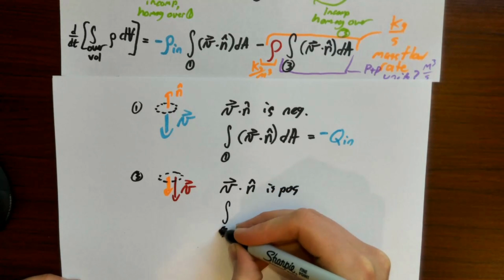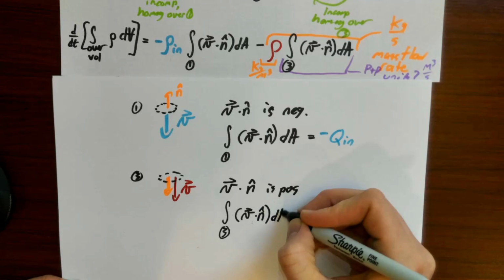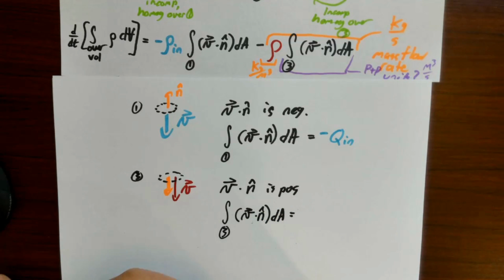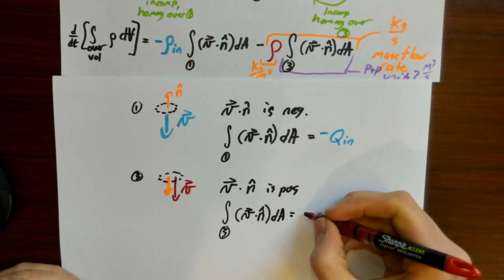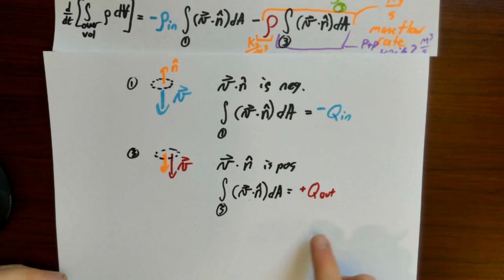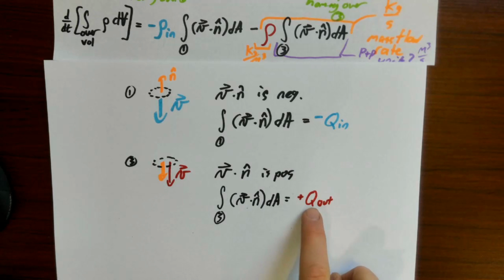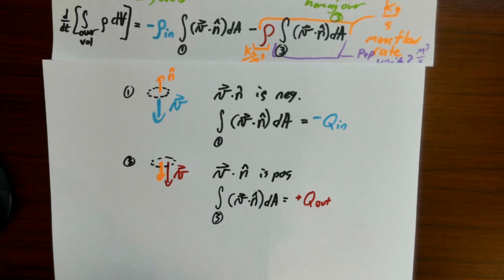That implies that over surface 3, the integral of v dot n dA is going to be equal to positive Q out, whatever this volumetric flow rate happens to be, because v and n are in the same direction. This dot product gives us a positive quantity.